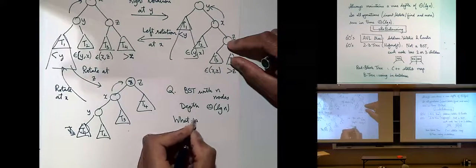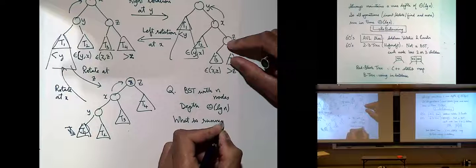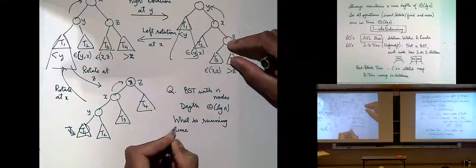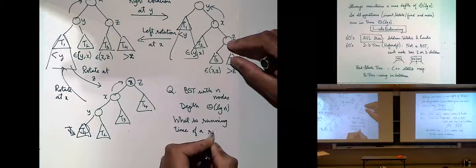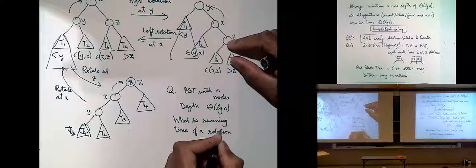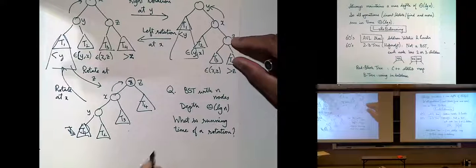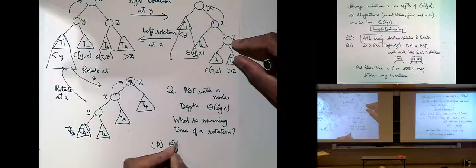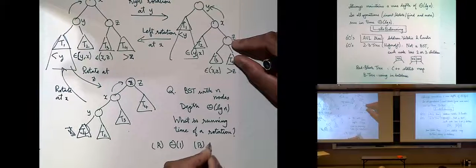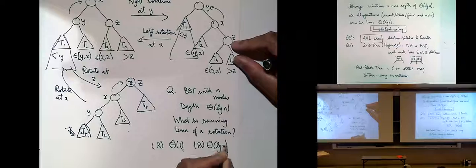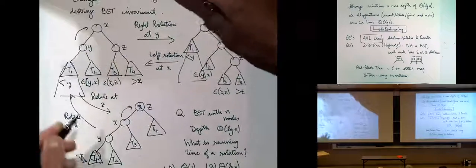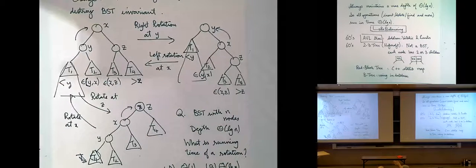What is the running time of a rotation? Is it theta of 1, theta of log n, or theta of n? So this is the rotation. You can see this. How long does it, yeah, question?